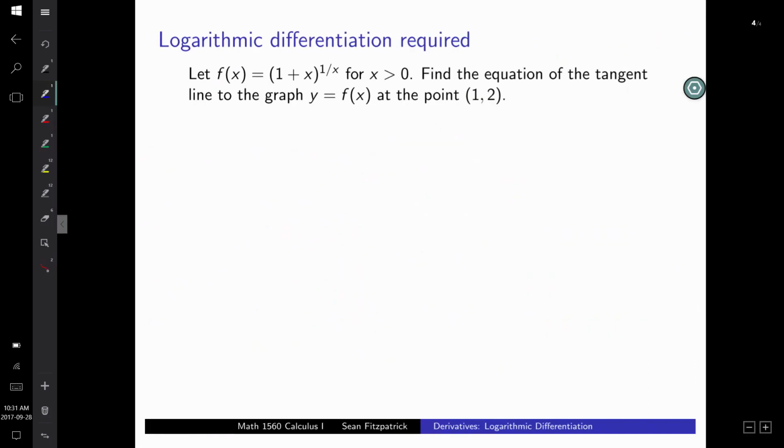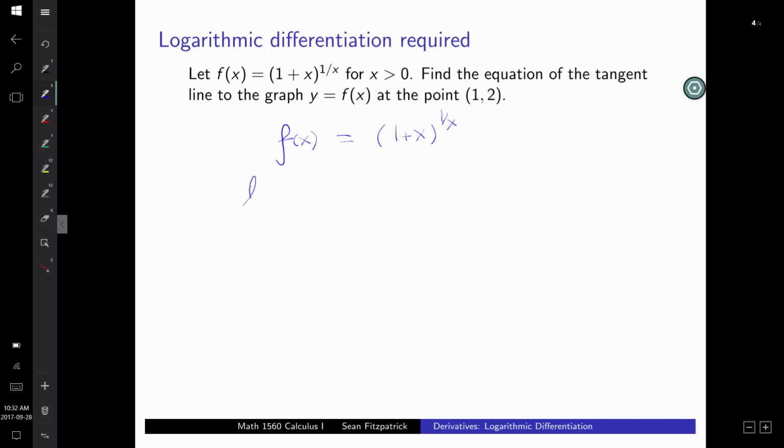But there are other situations where you've got no choice. Okay, so let's look at this function here. I have f of x equals 1 plus x to the 1 over x.